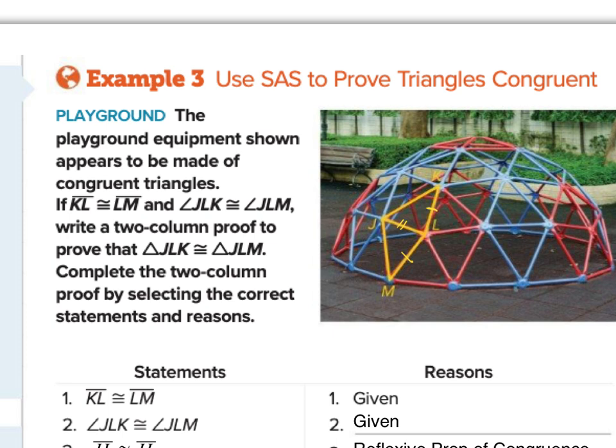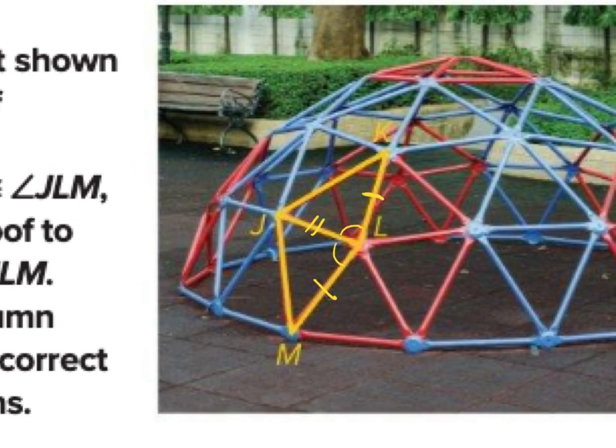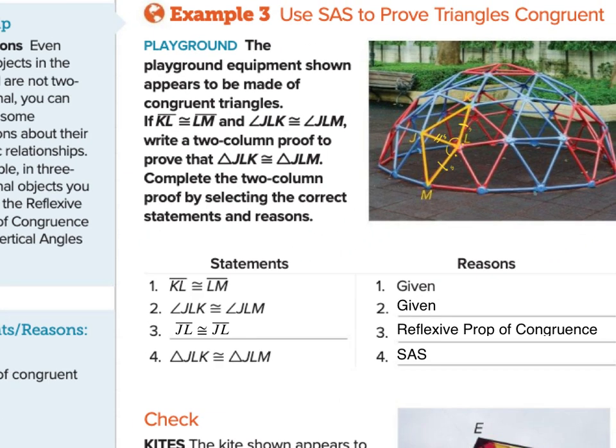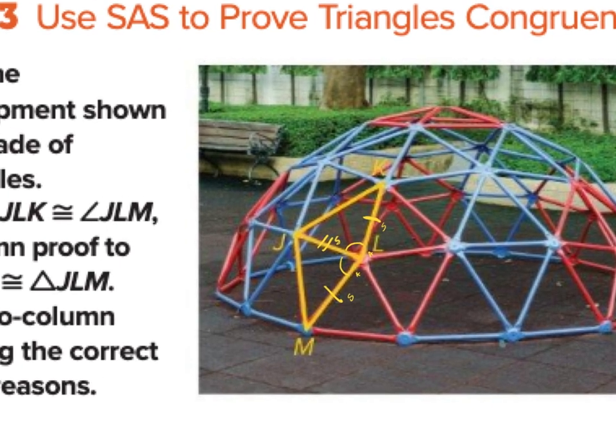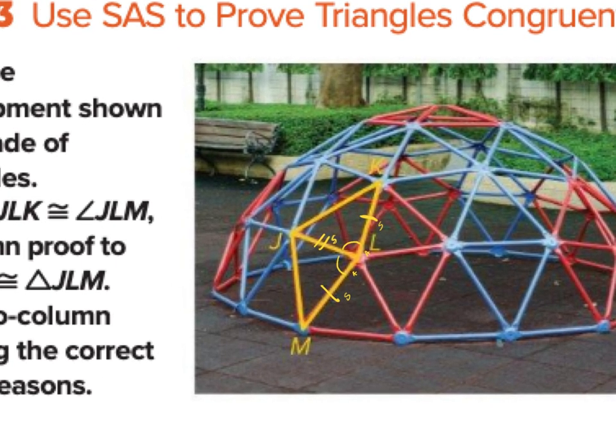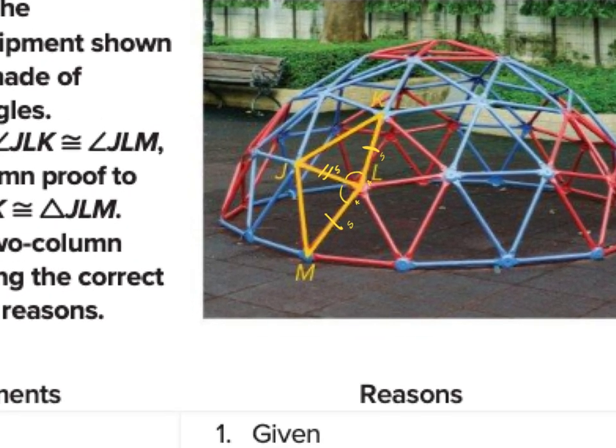And this angle JLK is congruent to JLM. Do we have enough information? Well, I hope that you can see that I have a side, an angle, and a side, and here I have a side, an angle, and a side. So we do have side, angle, side congruency for these two triangles. Not worried about making the proof. I'm worried about being able to understand what we're seeing and label our drawings and interpret, analyze, and make a determination.